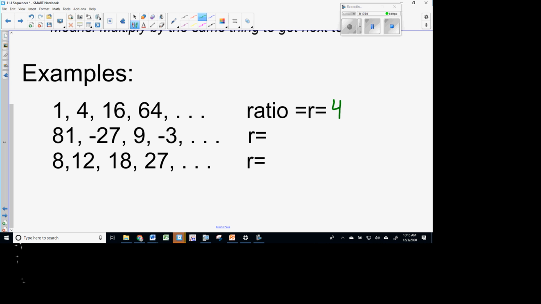What about 81, -27, 9, -3? It's going to be -3 divided by 9. 9 divided by -27. It's going to be -1/3.